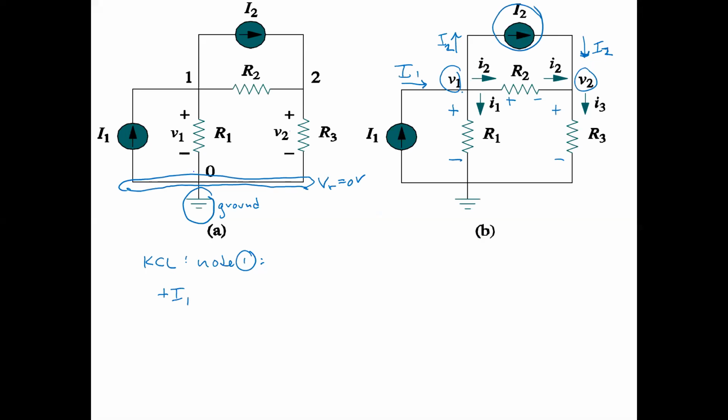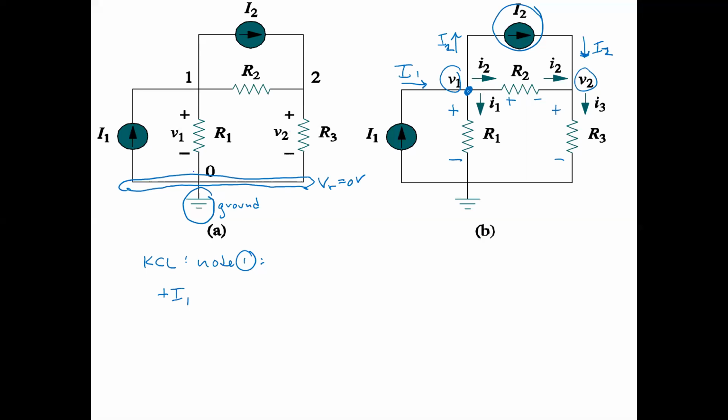Okay, but again, summing all the currents flowing into this V1 node, we're going to say plus I1. What's another current flowing into the V1 node? Well, all the other currents are flowing out of the V1 node, but you can just put minus signs in front of those and say you have the minus of that current flowing into the node.